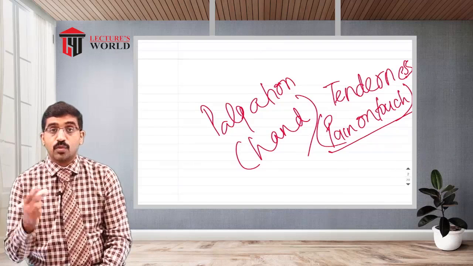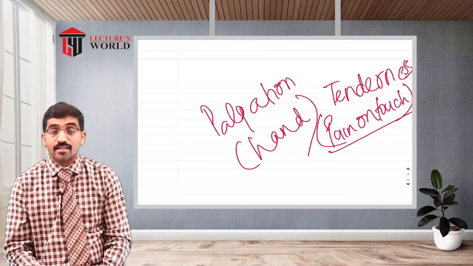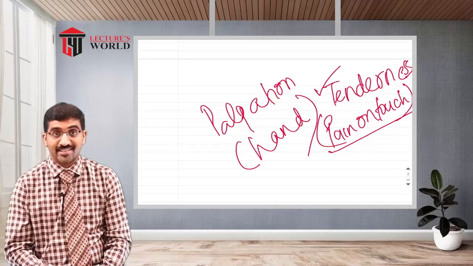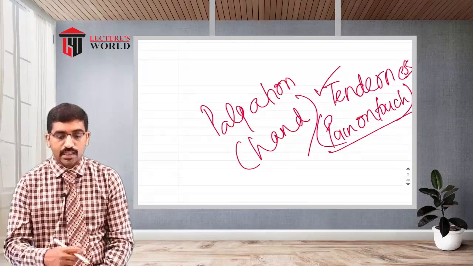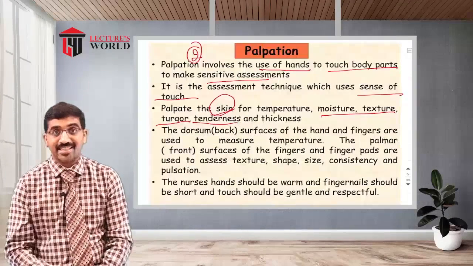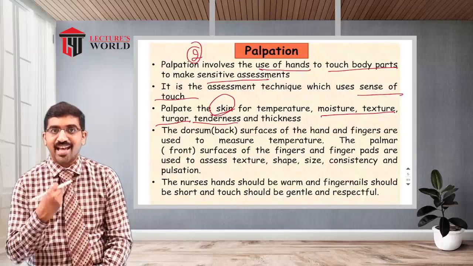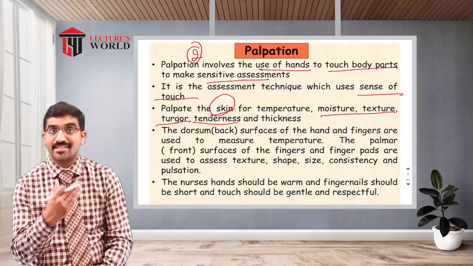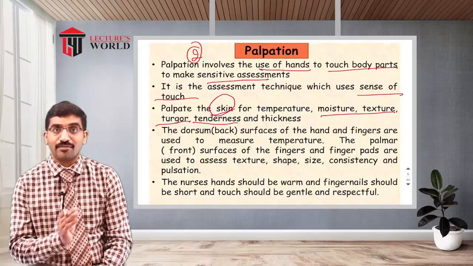If I touch one particular region and the person is telling me I am getting pain, that shows it is tenderness. So pain is subjective and tenderness is objective. What is subjective? Subjective means the person is telling. Objective means I am going to observe, I meaning you all, nursing students or nurses, going to observe and finalize.